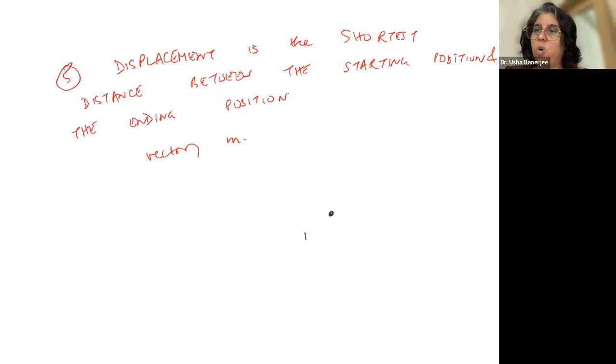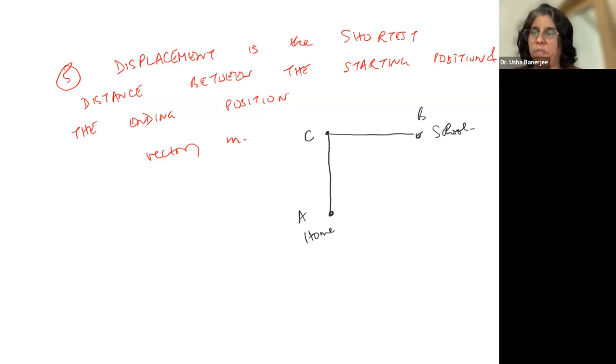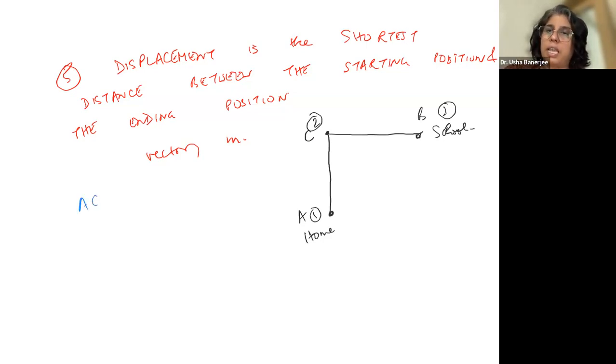This is a point. Your home is here. Your school is here. Let's call this A. Let's call this B. Every day a school bus comes in the morning. You get on the bus and the school bus goes from A to say C. And then it picks up some children or your pool car or whatever, right? So this is stop number 1, this is stop number 2, and this is stop number 3. So I'm writing in blue. So this distance AC plus CB is the distance.